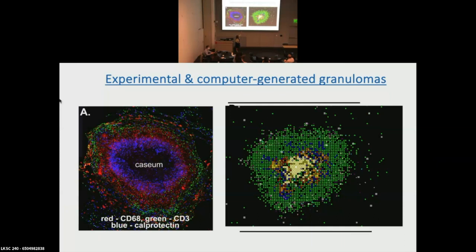We have the macrophages. We have macrophages that are activated in blue, ones that are infected in orange, ones that are really badly chronically infected in red. We have caseum developing in the center. There's bacteria everywhere in there. And so we are able to generate this image without telling it to do that. It's an emergent behavior, a property of an agent-based model.